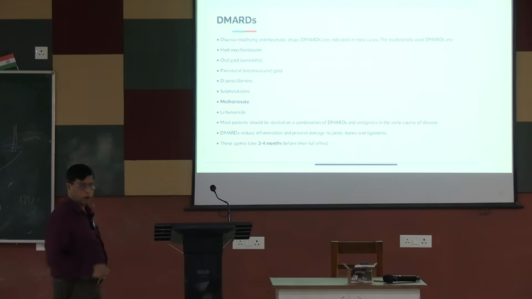These four you should remember at least. If you cannot remember all of them, like gold and penicillamine, no matter, but you have to remember at least these four: hydroxychloroquine, sulfasalazine, methotrexate, and leflunomide. These four you should remember as DMARDs, disease modifying agents used in rheumatoid arthritis.